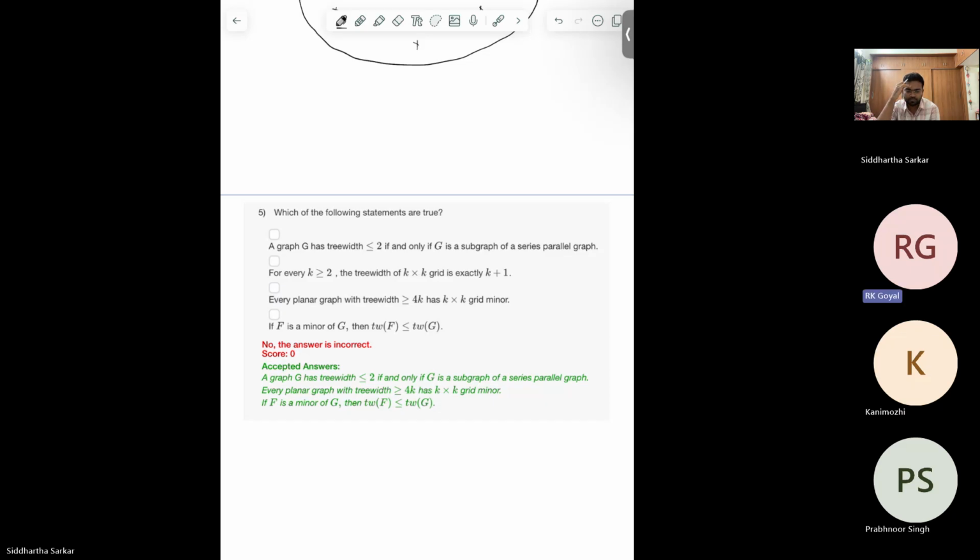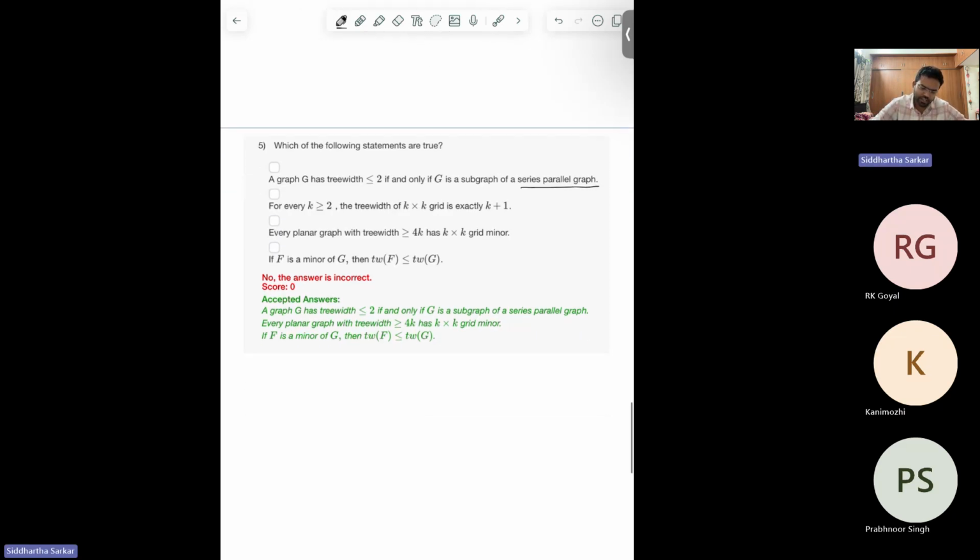I did not understand its meaning. The second one is that for every k greater than or equal to 2, the tree width of the k cross k grid is exactly k plus 1. You told this in the beginning of the session, so this seems to be true. And every planar graph with tree width greater than 4k has this minor. I do not understand this minor term here, and in the last option the minor term is also there.